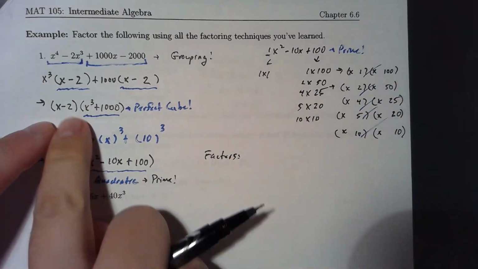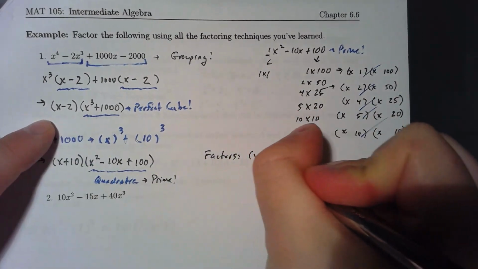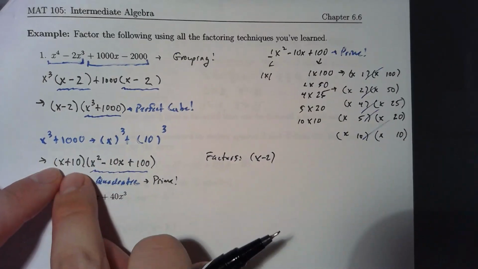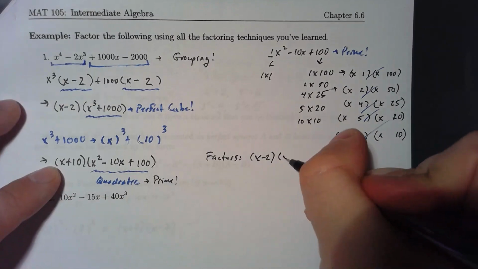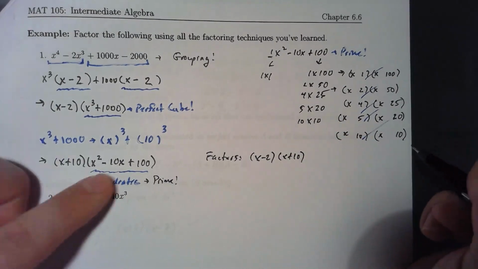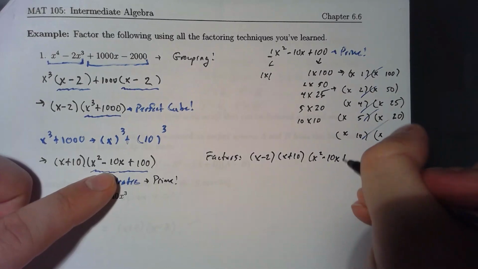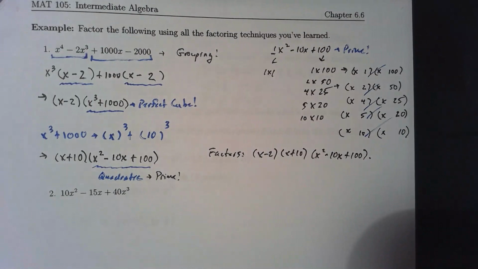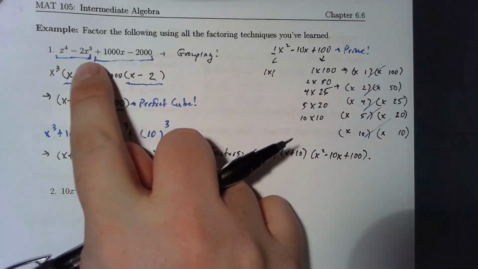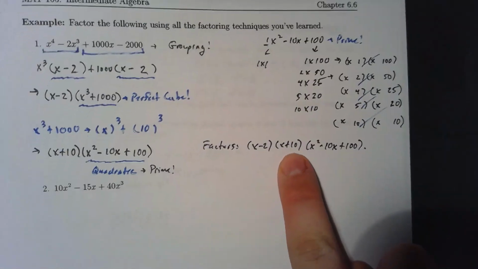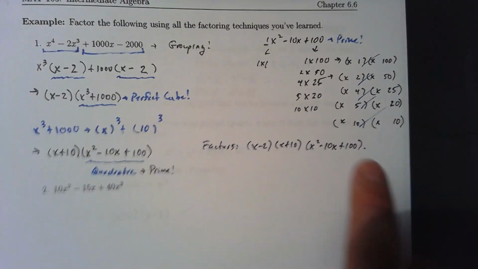So my factors are x minus 2, and these two, because this factored to be this and this. X plus 10 and x squared minus 10x plus 100. Those are my 3 factors. So this 4-term polynomial factored to be x minus 2 times x plus 10 times x squared minus 10x plus 100.